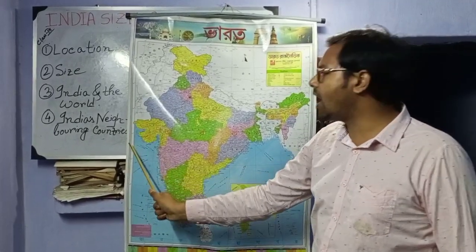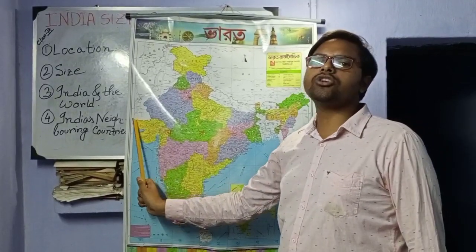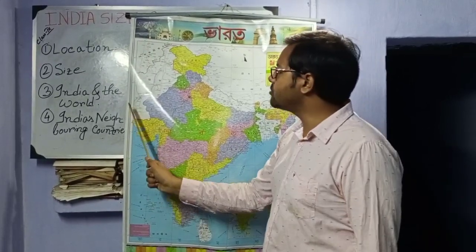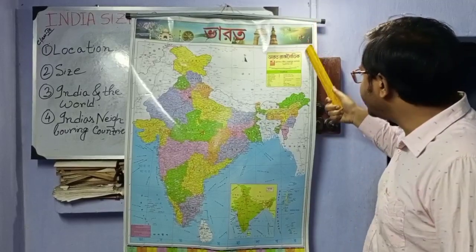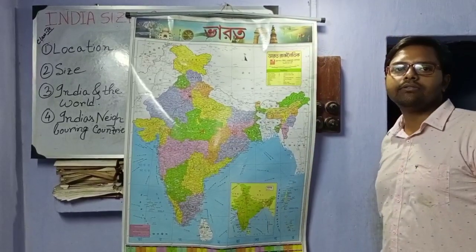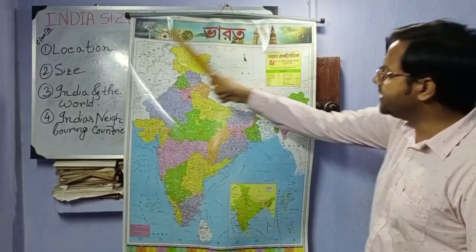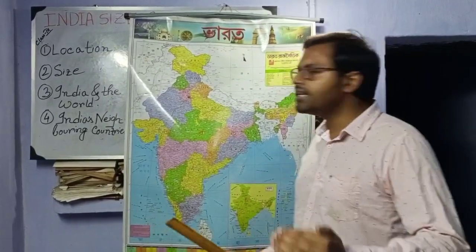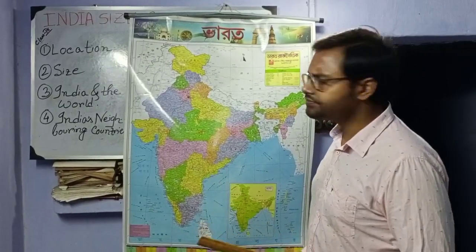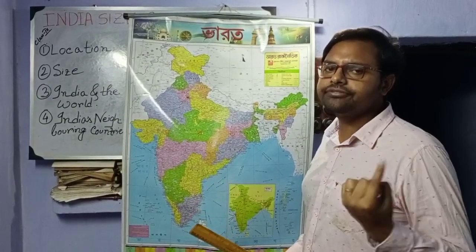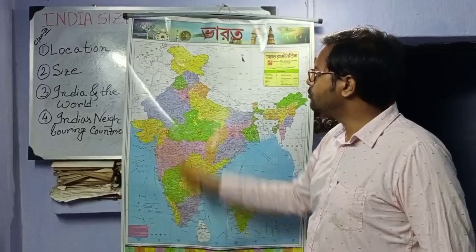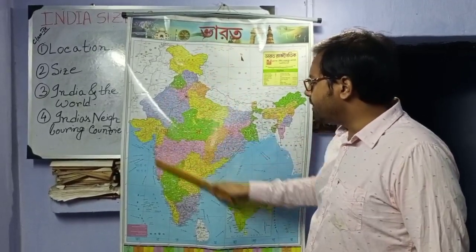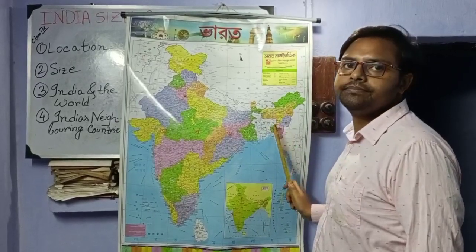It passes through Gujarat, the last edge of Gujarat. That is 68 degree 25 minute east to 97 degree 26 minute east. These are the latitude longitude extension of India, and in between this extension, it has 1 degree difference in longitudes throughout India, and this shape is a quadrangular shape.